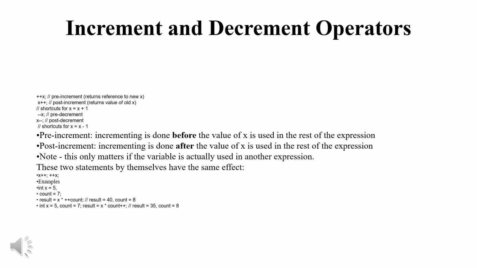And then after that, the value of count will be increased by 1. So if in the next lines of code you call count, you will see that the value of count has changed to 8. So in this example, you easily can see the difference between pre-increment and post-increment.